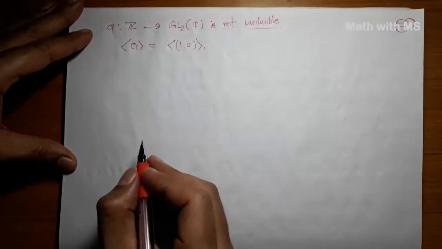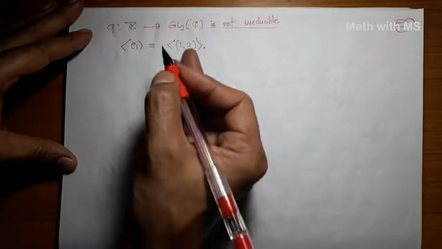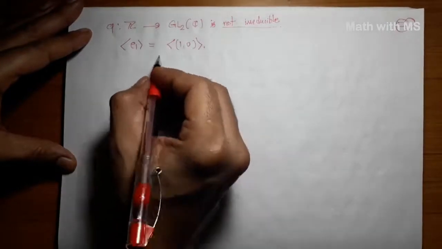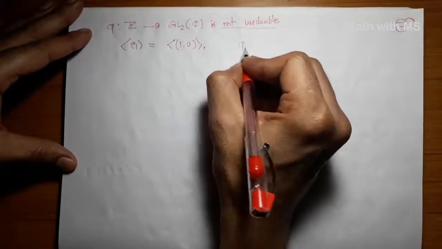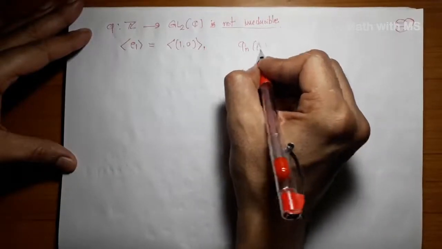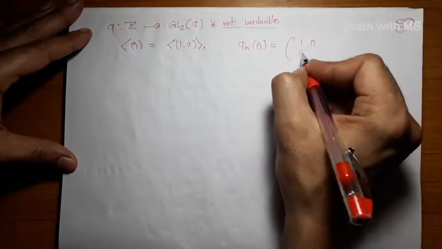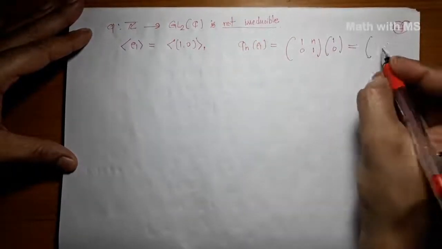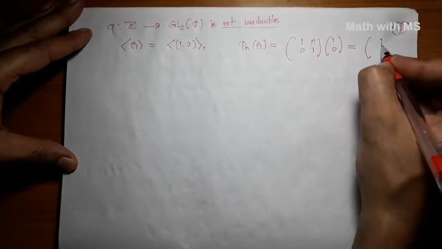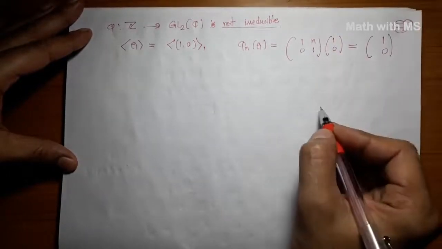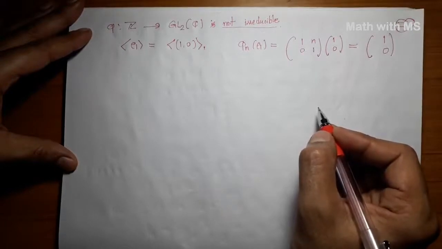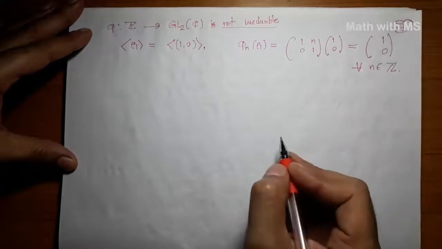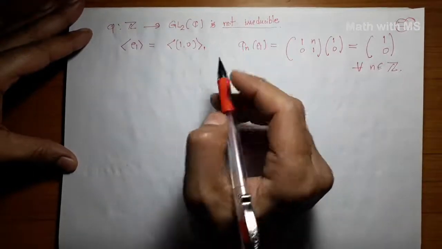It is certainly a proper subspace because it is one dimensional, and it is invariant because phi(n) of e1 is the matrix [[1, n],[0, 1]] acting on the column vector, and you can check it is (1, 0). It is invariant. So you have a proper G-invariant subspace. This happens for all n in the integers. So therefore your representation is not irreducible.